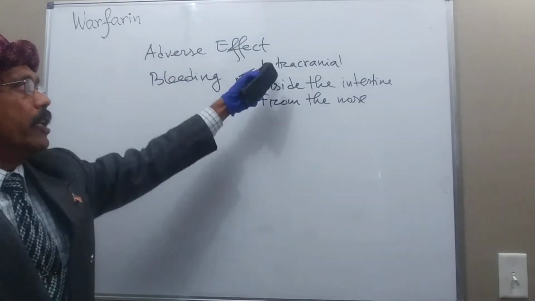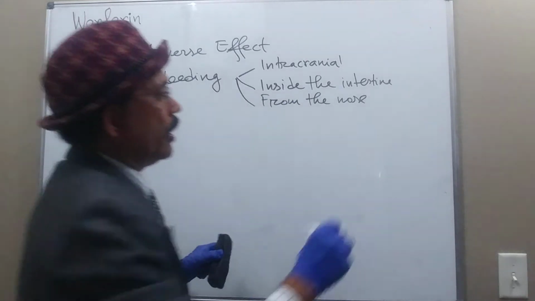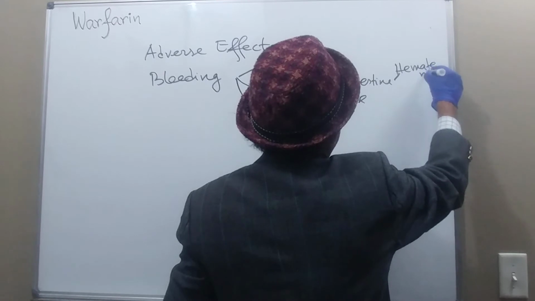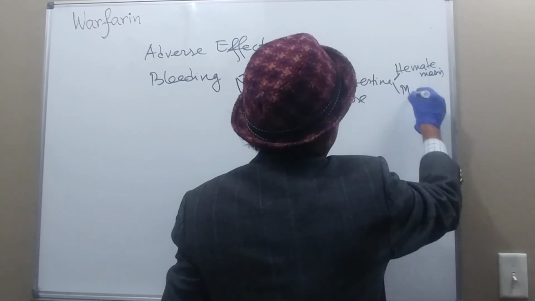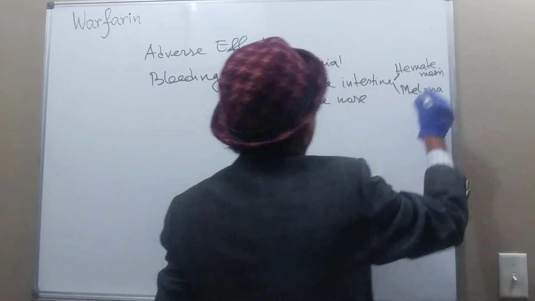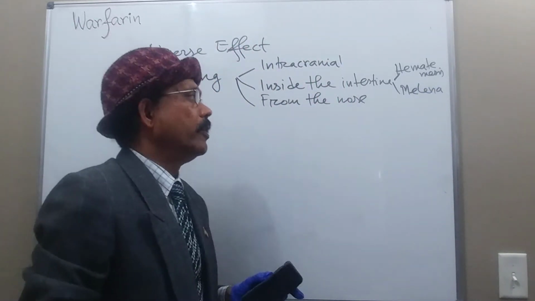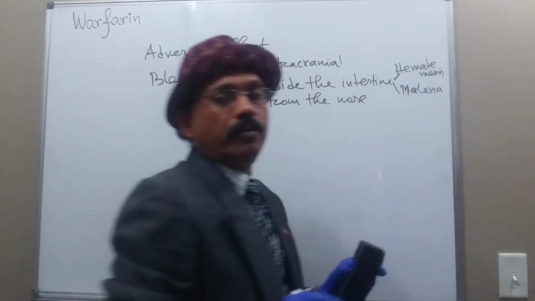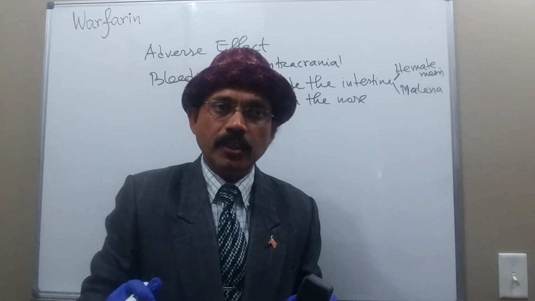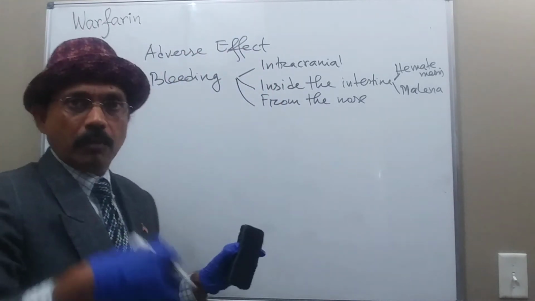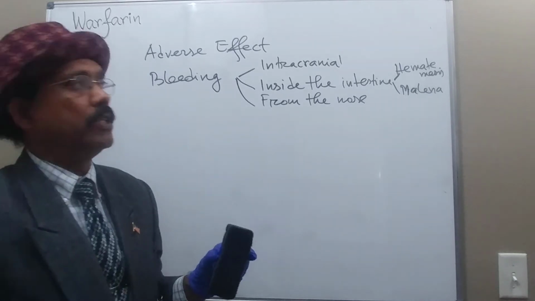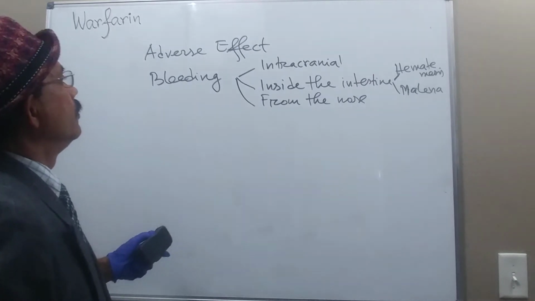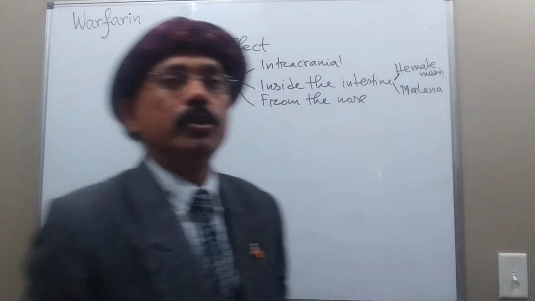So there may be intracranial hemorrhage, hematemesis, vomiting of blood, and melena. Melena means black, tarry and sticky stool. It is altered blood coming out from the intestine, from the stomach, maybe from the jejunum, even from the large intestine. So there will be bleeding, a very common condition.